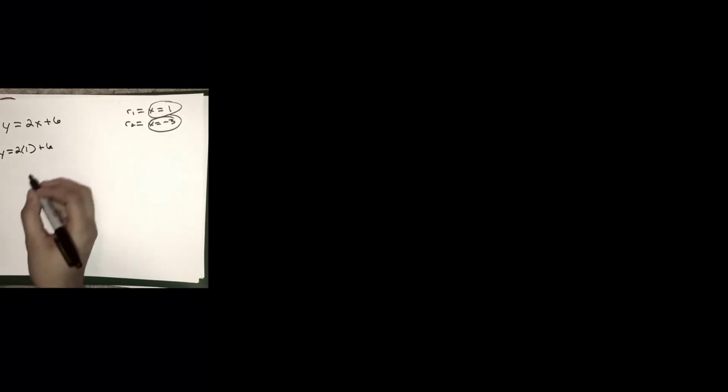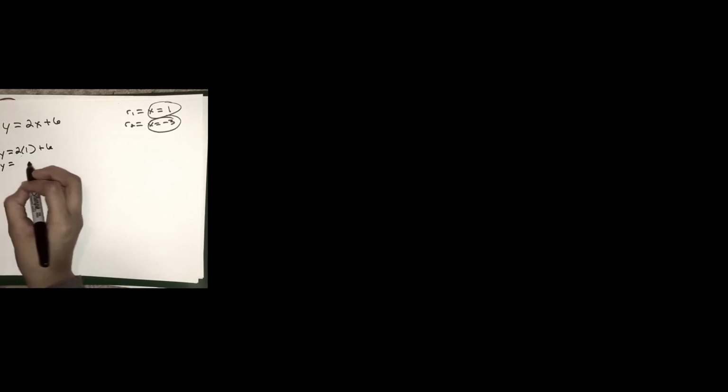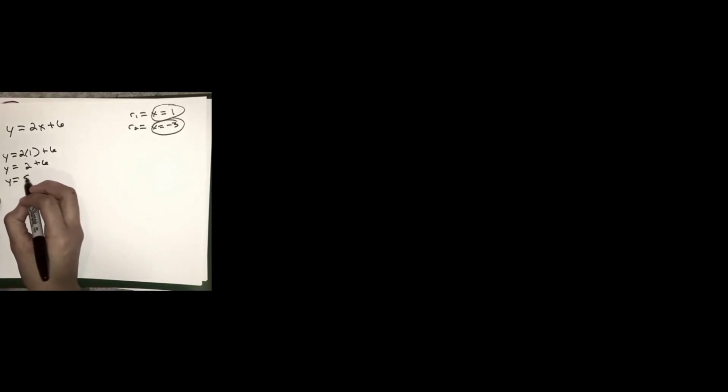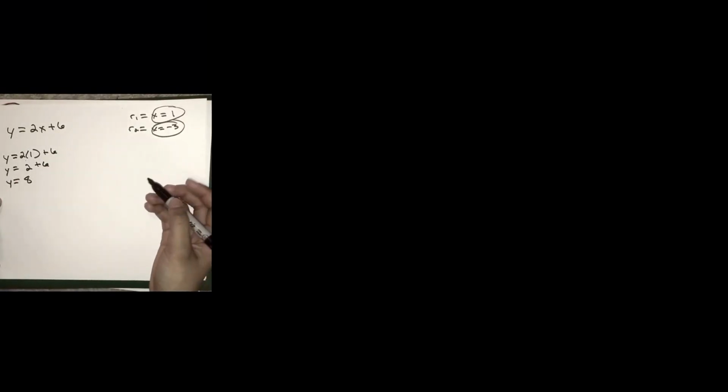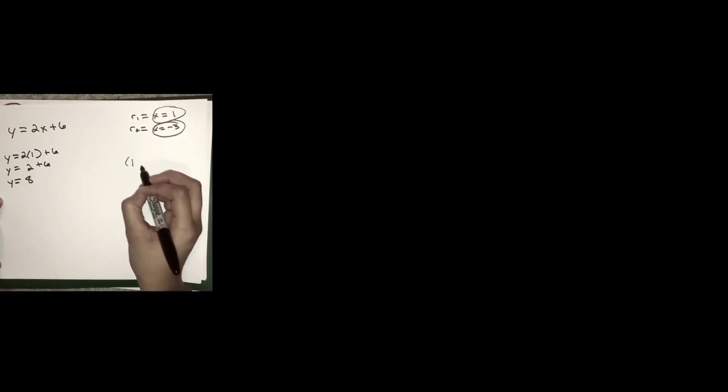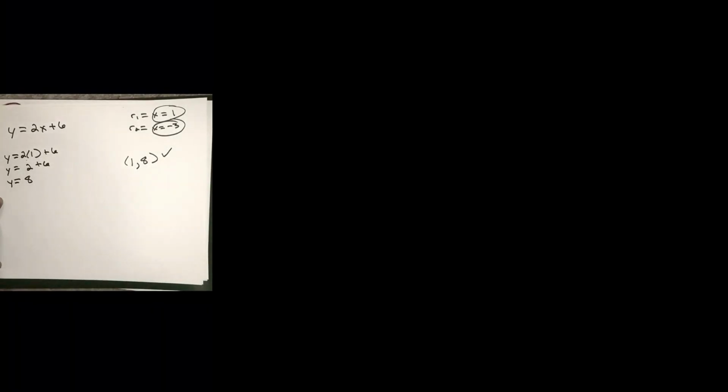So y equals 2 times 1 plus 6. y equals 2 because 2 times 1 equals 2, plus 6. That means this y equals 8. So the first solution or point for the x and y would be 1, 8. Now we plug in the second root, which is negative 3.